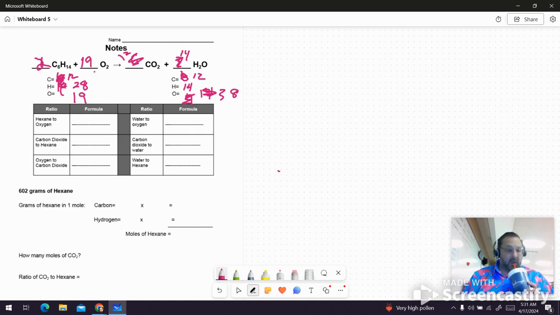Okay. So I have my balanced equation. I can go through and do my ratios. That's hexane up there. Hexane to oxygen is 2 to 19. Carbon dioxide to hexane, 12 to 2.